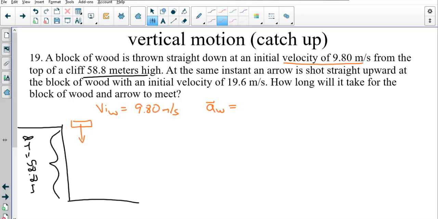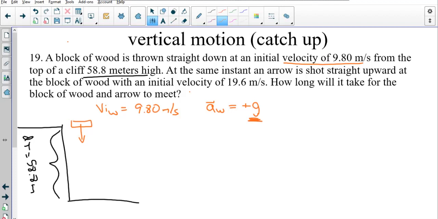So the acceleration of gravity of the wood is actually going to be positive 9.81 meters per second squared. The reason why I just call it positive g is because that's what it's doing. It's the positive value of 9.81 because it's going to cause that block of wood to speed up as it's falling. And so I would much rather use that as just a single value of g. Right? So anything that's dropped should start to speed up.